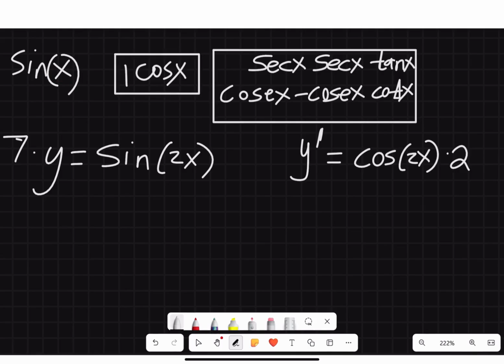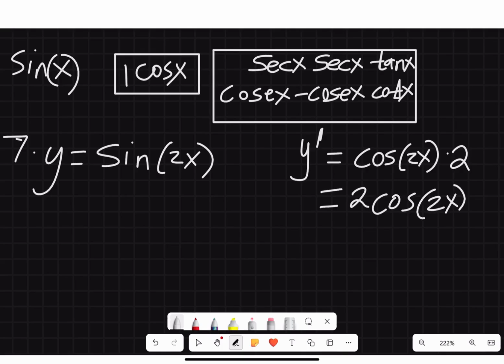So when you have x as an angle, you do not need to show the multiplication of the derivative of the angle, because the answer will always be 1. But any other thing, you always need to multiply by the derivative of the angle. So the derivative of 2x is 2. So in this case, our answer is going to be 2 cos 2x.